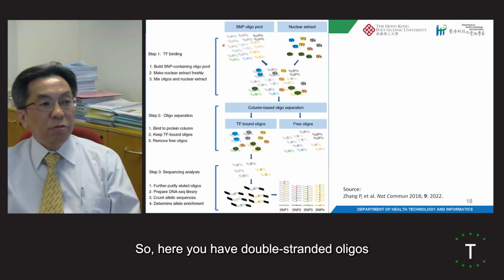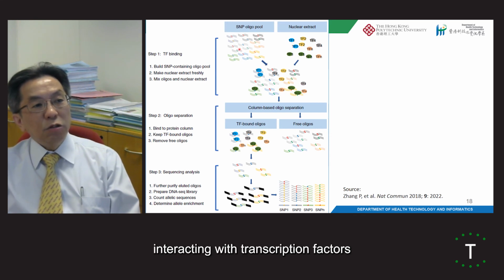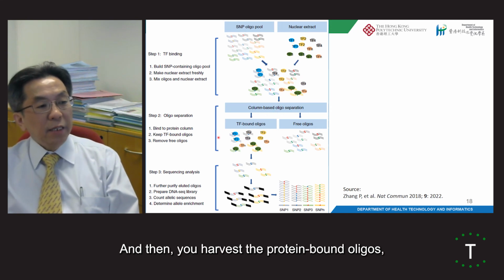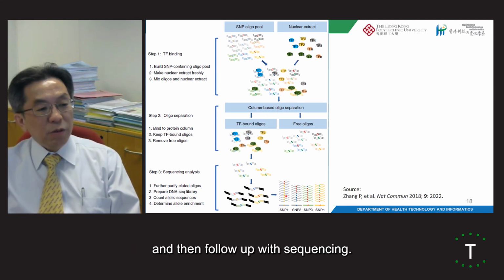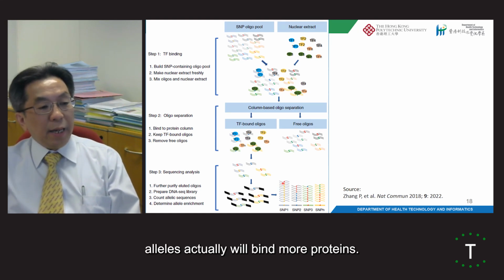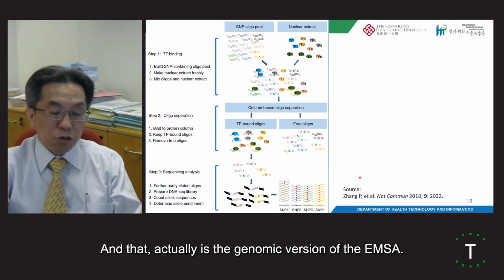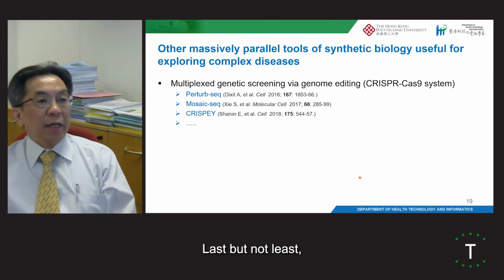So it is very simple: short double-stranded oligos interact with transcription factors from nuclear extract and are purified through the column, and then you harvest the protein-bound oligos and follow up with sequencing. The sequencing tells you which alleles bind more protein. That is the genomic version of the EMSA.